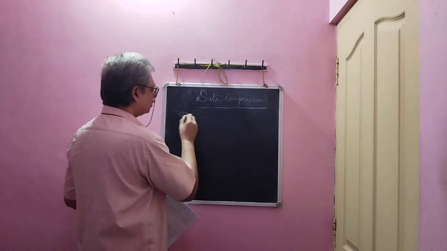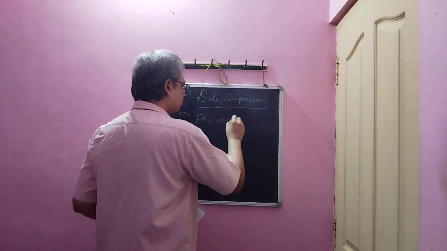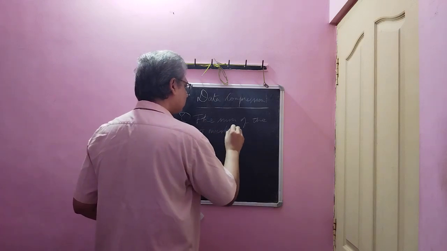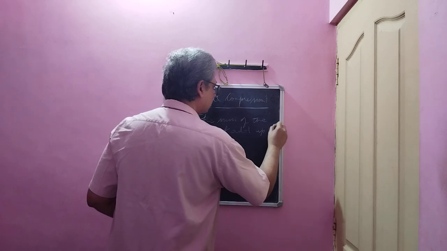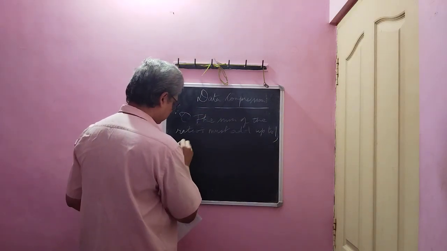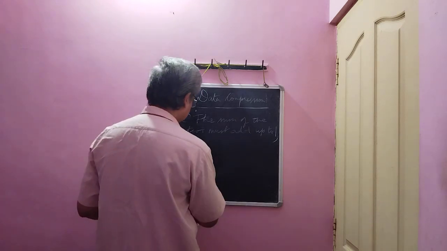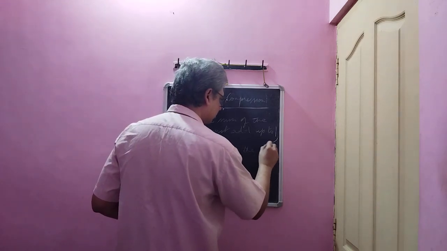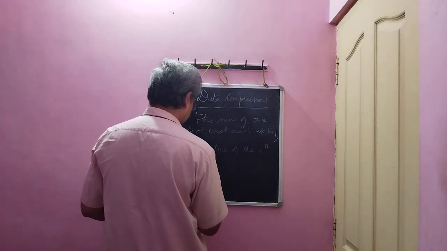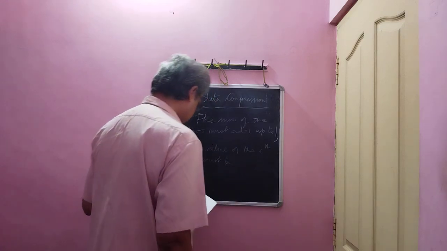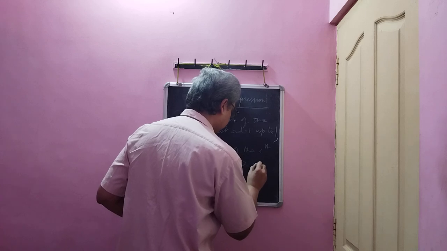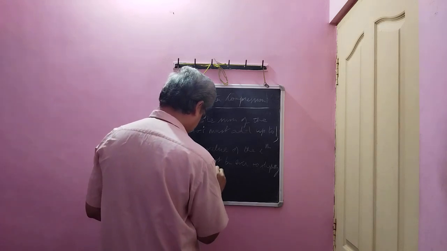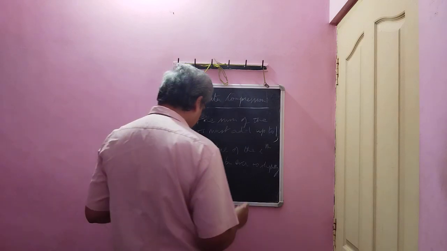The first criterion is that the sum of the ratios must add up to 1, and the second criterion is that the value of the ith ratio must be ever so slightly more than the sum of all the ratios preceding it.